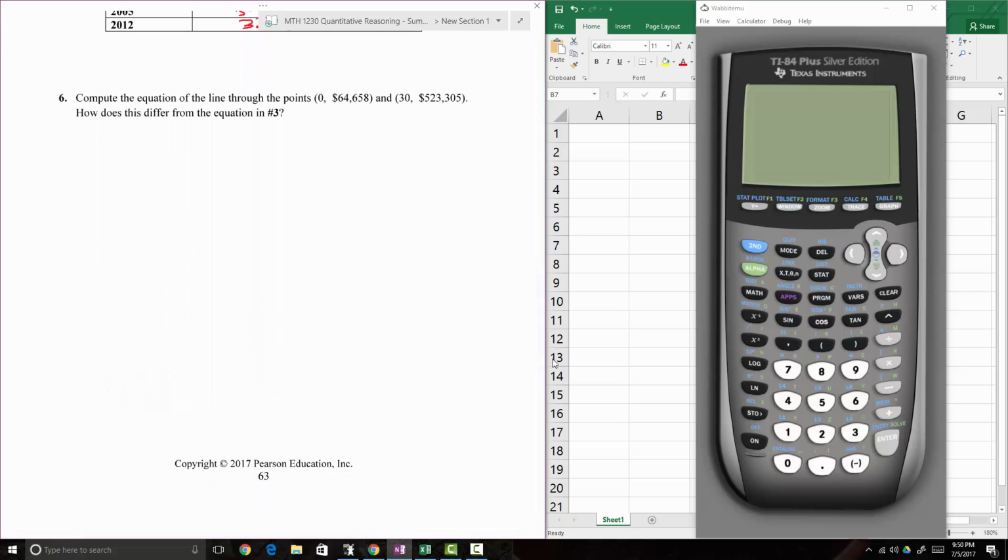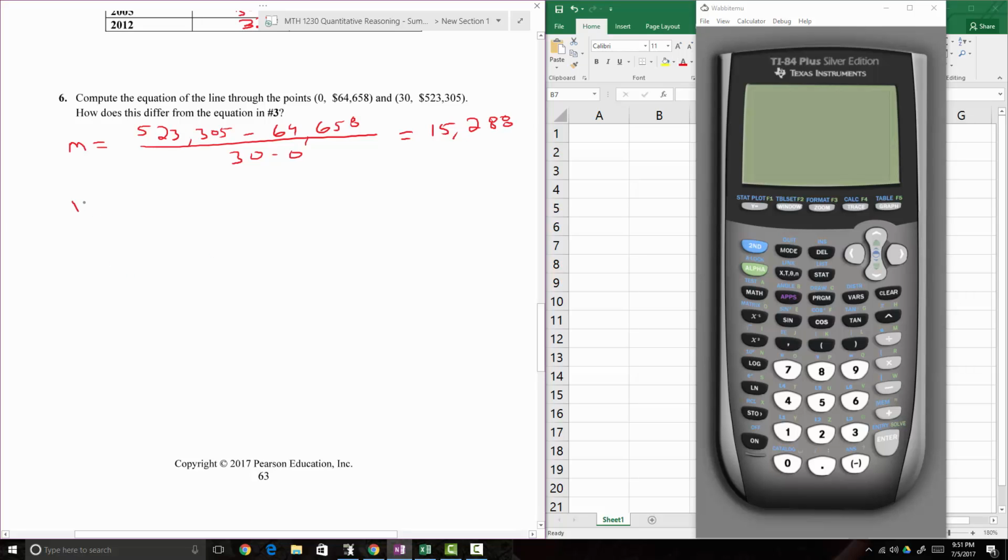Now it asks us to compute the equation of the line through these points. First we need to find the slope. So we would have 523,305 minus 64,658 all over 30 minus 0. This slope comes out to be the same still, 15,288, if we round again.